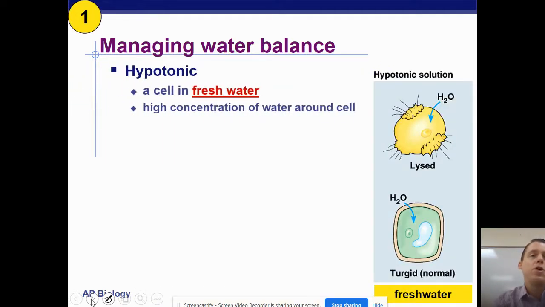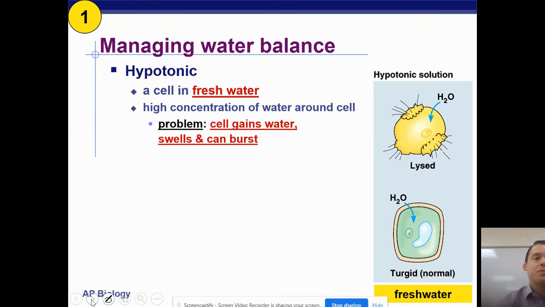All right, so let's first talk about hypotonic. Hypotonic would be a cell in fresh water, and that would mean that there's a high concentration of water around the cell. So what does that really mean?